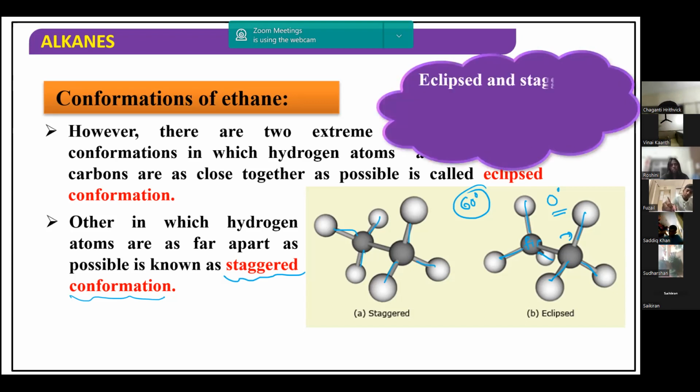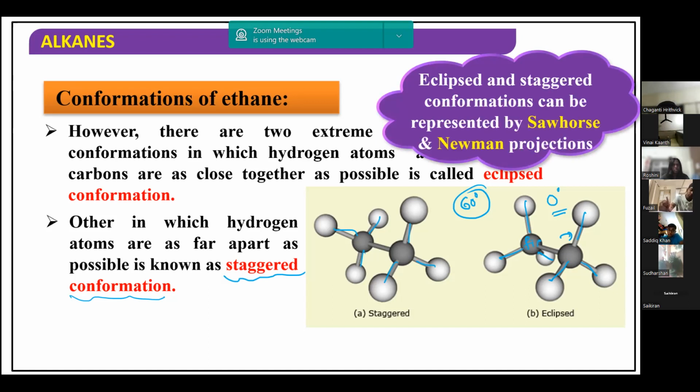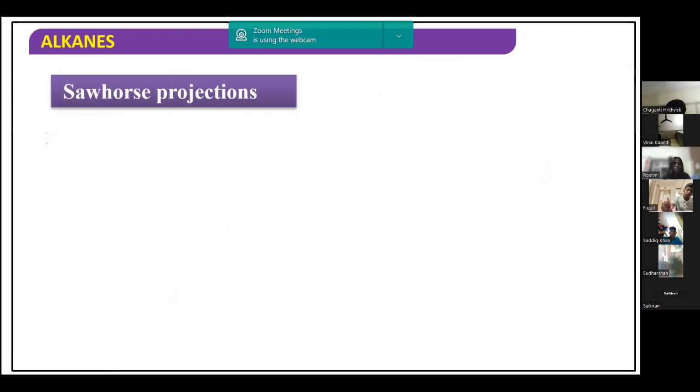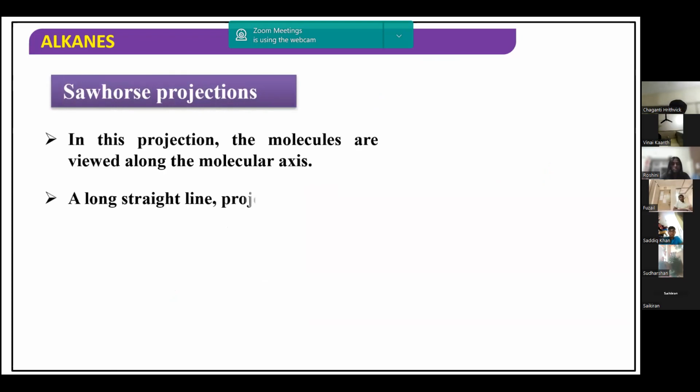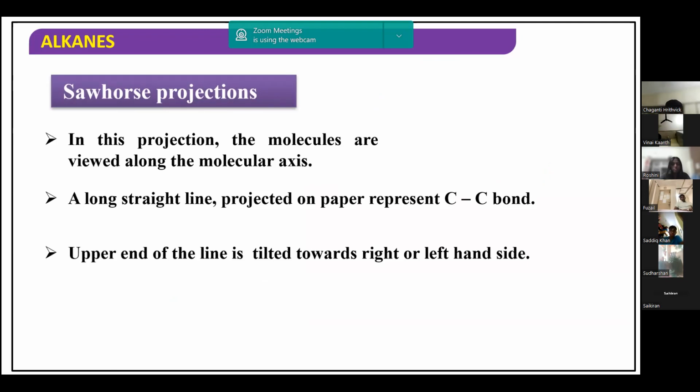Now, how can we represent these two extreme cases? They are represented by two projections: Newman projection and Sawhorse projection. In this projection, the molecules are viewed along the molecular axis, along a straight line.